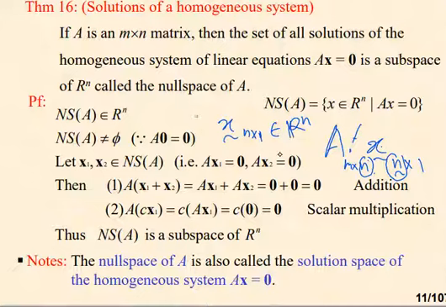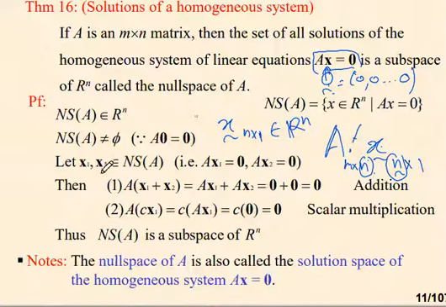Let's show that. You know the trivial solution: if you substitute n number of zeros, this vector trivially satisfies this condition. Therefore, 0 is a solution to this homogeneous system.